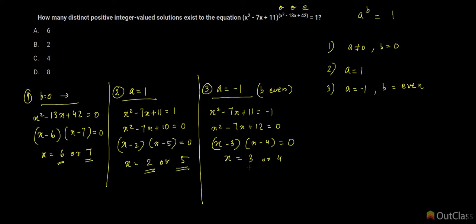So that works. Now look at the other case, 4. X square is going to be even, 13x is going to be even, 42 is even. The value of b is going to be even. 4 also works. So you got a total of 6 distinct values: 2, 3, 4, 5, 6, 7. 6 distinct positive integer values. From the 3 cases, the answer is 6.